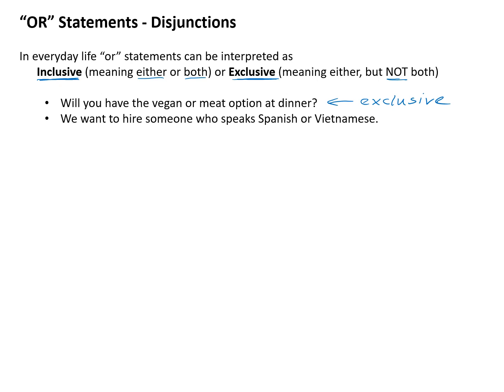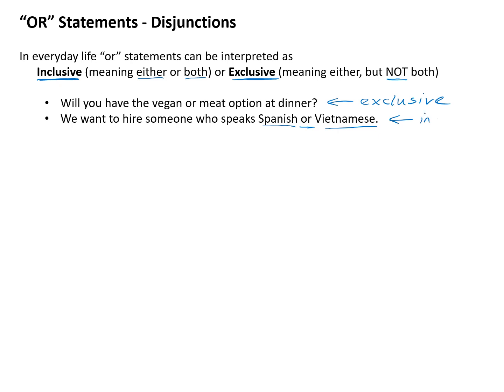A second example: we want to hire someone who speaks Spanish or Vietnamese. Now, if you're hiring somebody, you want them to speak Spanish or Vietnamese. I'm sure you wouldn't mind if they spoke both, right? So you'd be fine if they spoke Spanish or Vietnamese or both.